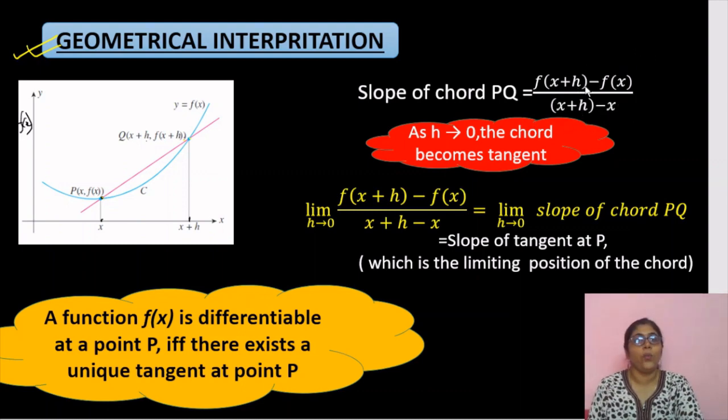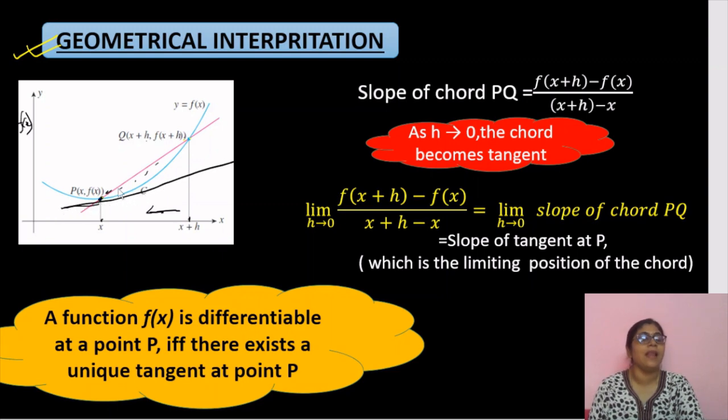So when h tends to 0, it will move to this side. When h tends to 0, that means point Q will come closer to P. So if point Q comes closer to P, then this red line will be like this.